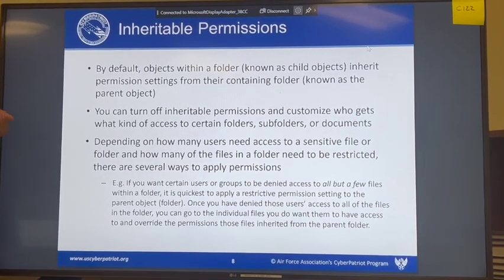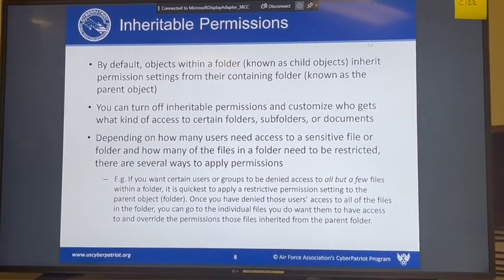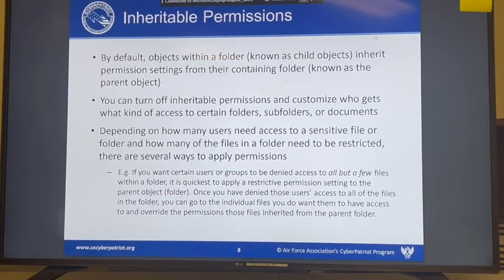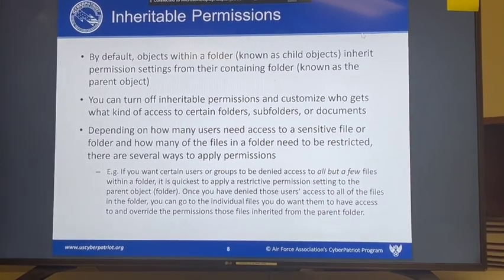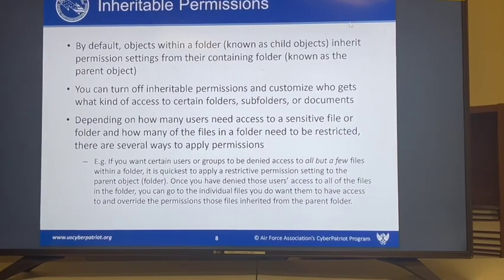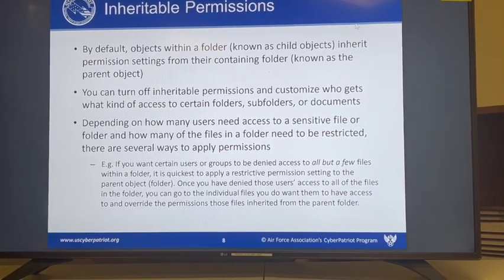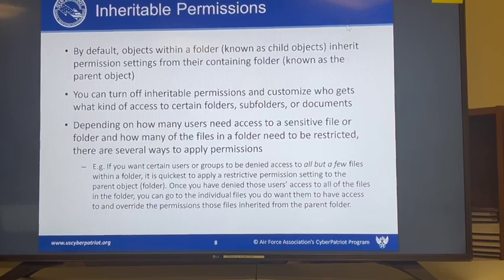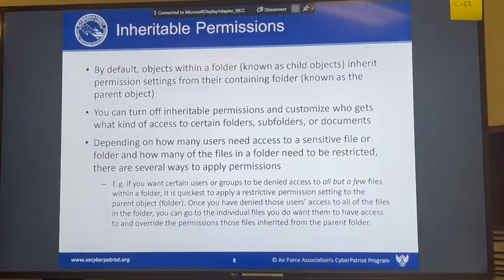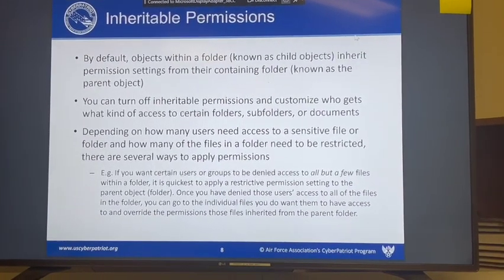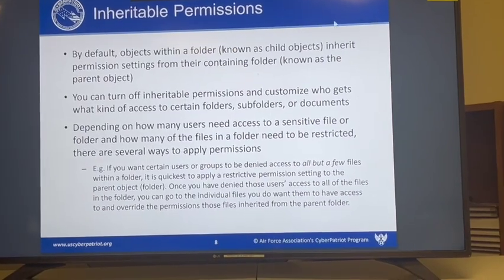If you want a certain user or group to be denied access to all the files but a few files in a folder, it is quickest to apply a restrictive permission setting to the parent object folder. Once you've denied those users access to all the files in the folder, you can go to the individual files you want to give them access to and override the permissions inherited from the parent folder.